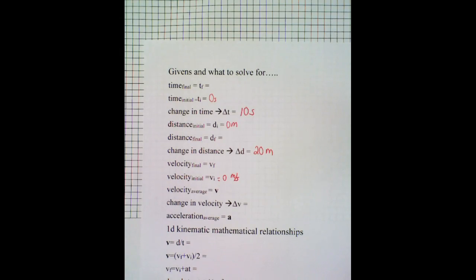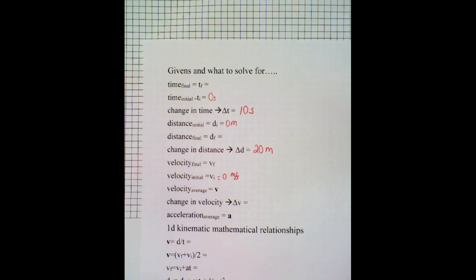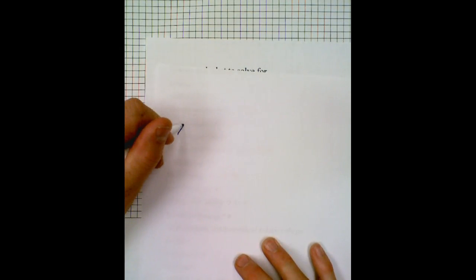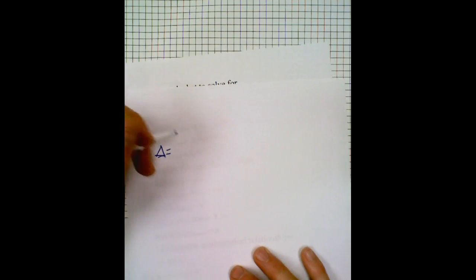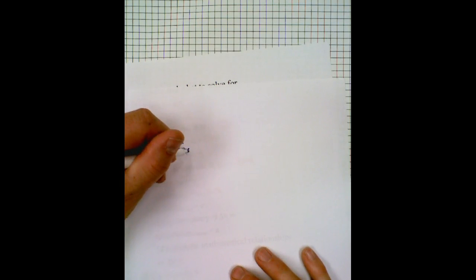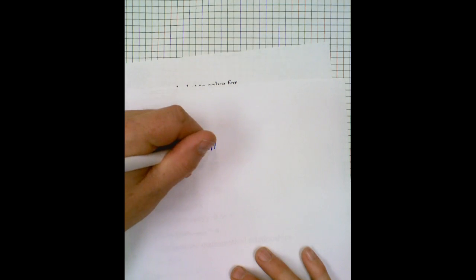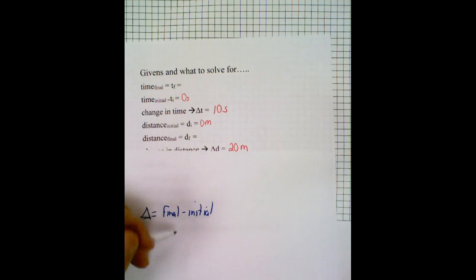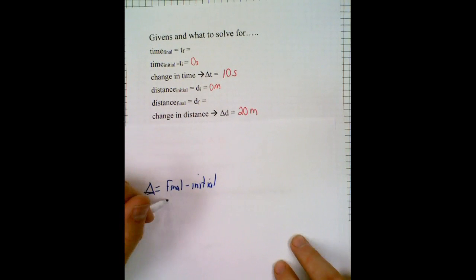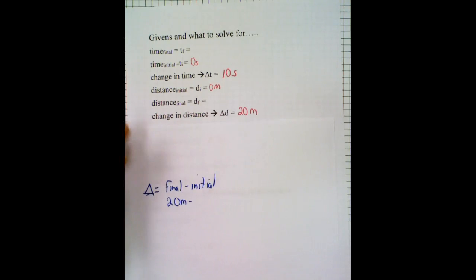Also, as far as doing computations, do I know what the final distance is and what the final time was? Well, the change in distance was 20, which is equal to final minus initial, because delta equals your final value minus your initial value. Well, I had 20 to start with.